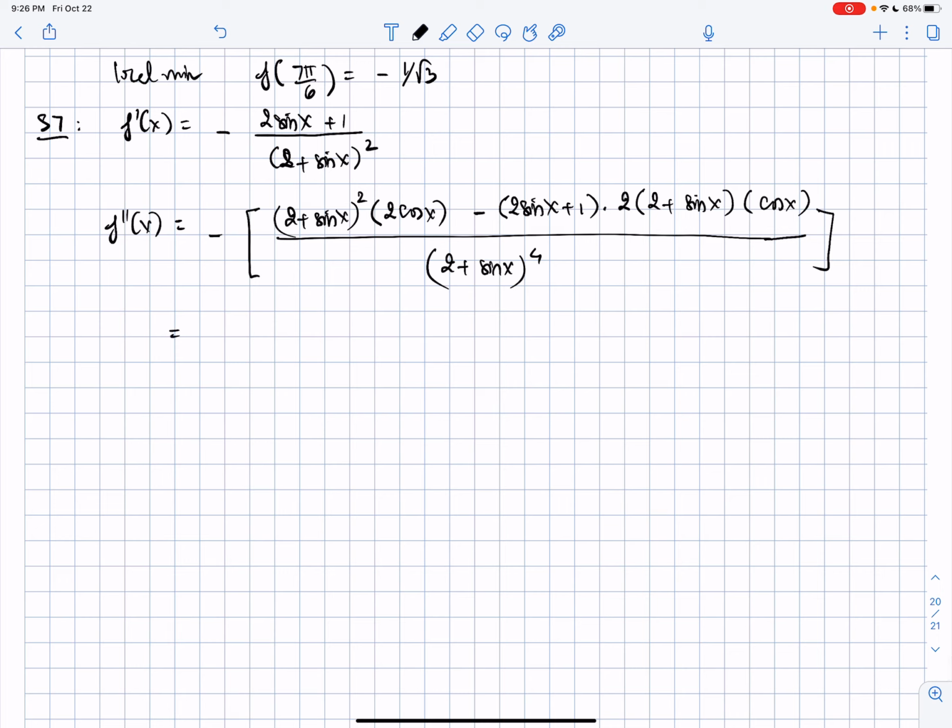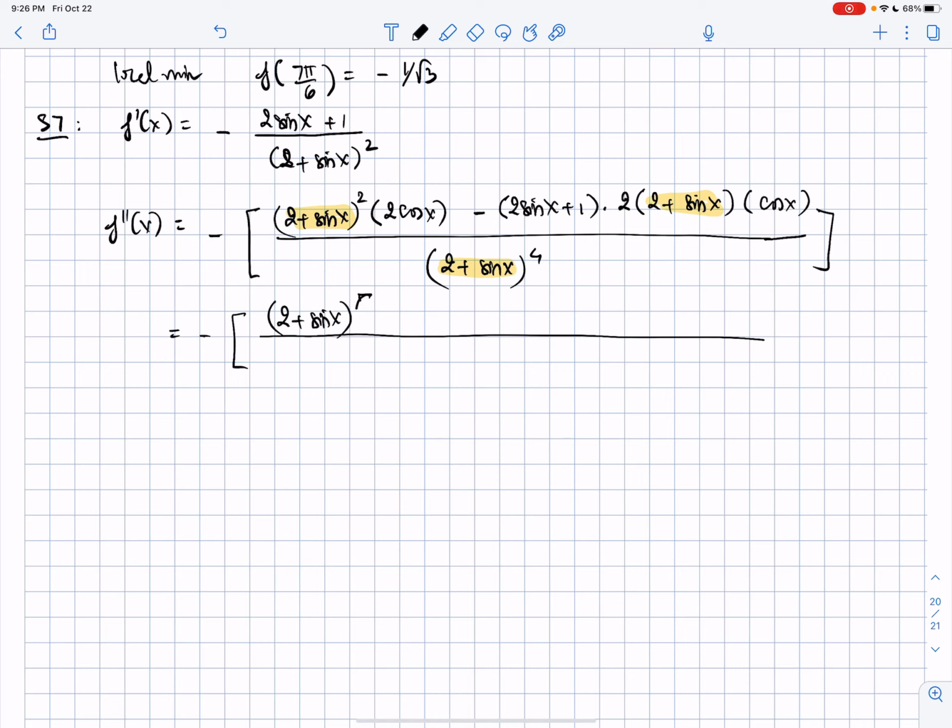We notice that we have 2 sine of x in each term. So what I'm going to do is factor the 2 plus sine of x out.